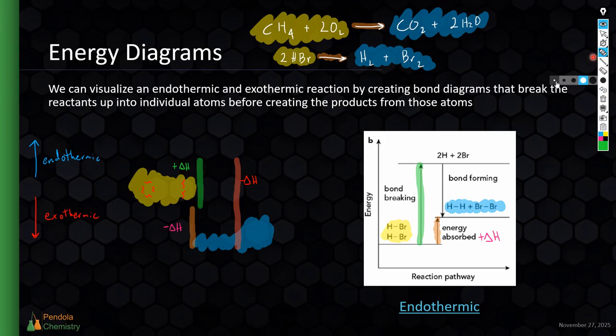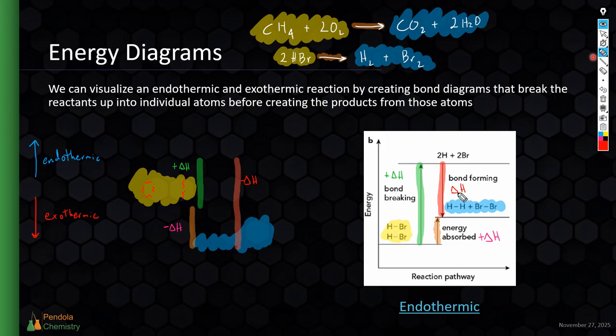So we have delta H here is going to be positive for the bond breaking. But then the bond formation, like always, is going to be negative, or it's going to be exothermic. So delta H for bond formation here is going to be negative.